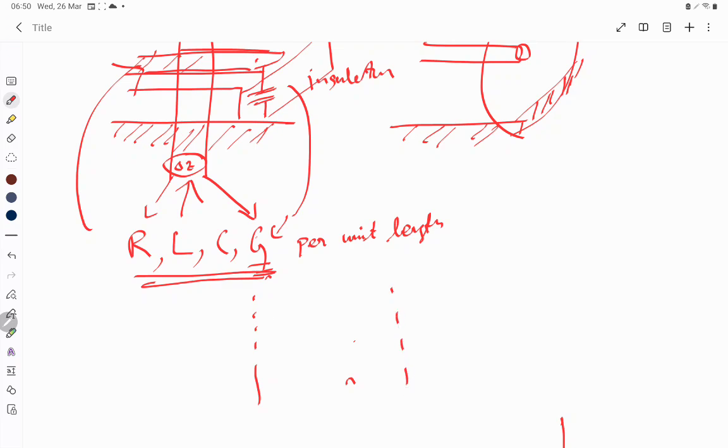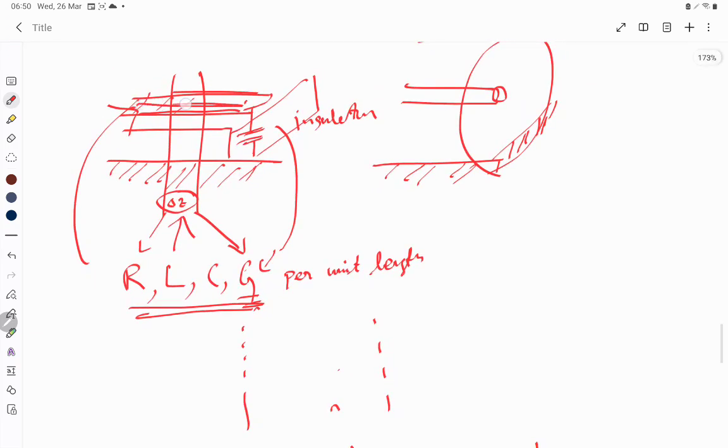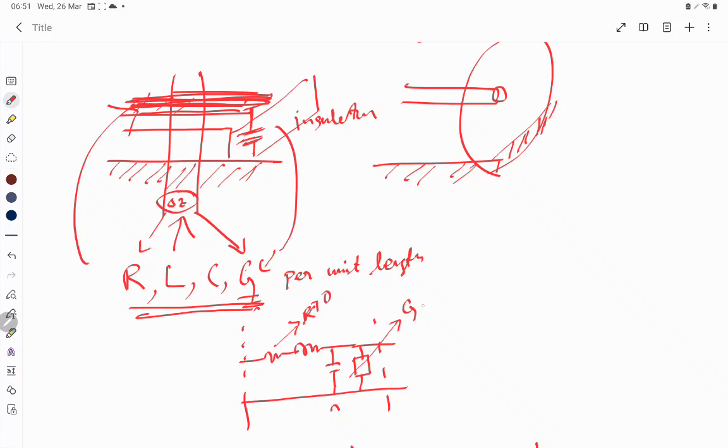So how are they connected? Along the length of this conductor, we have resistance and inductance, and through this insulator we have the capacitance and the conductance. In case we use ideal conductors, then R becomes 0, and if we use ideal insulators, this G becomes infinity.